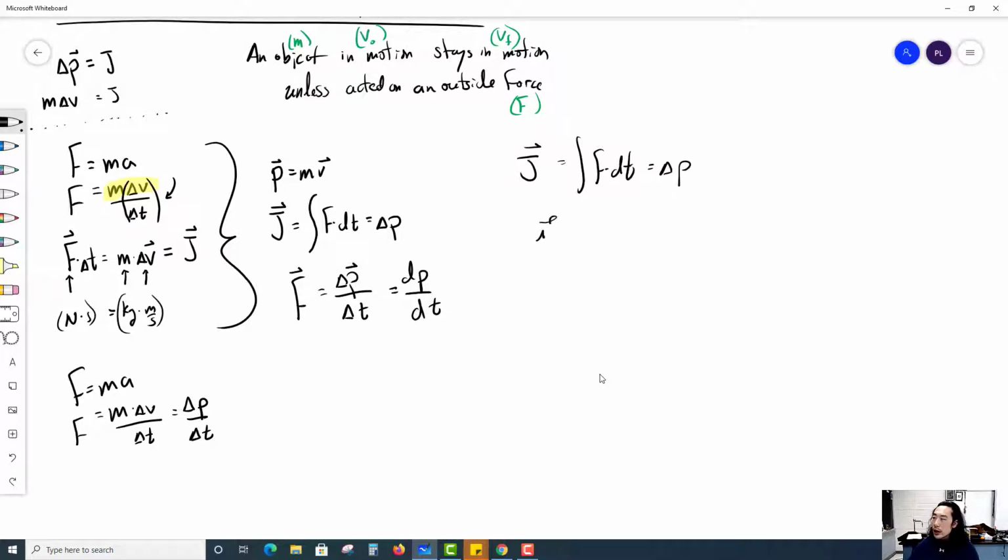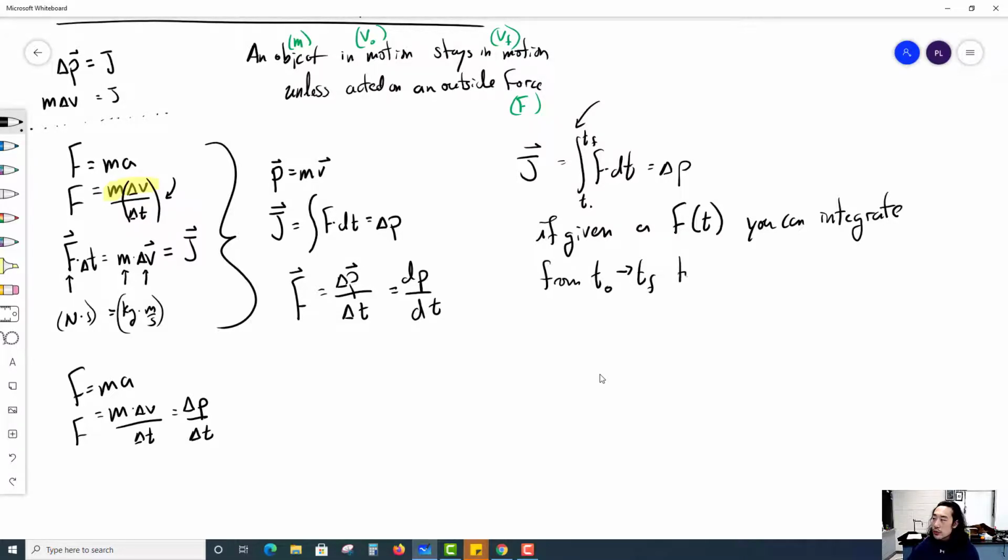If given a force function with respect to time, I'm going to say it again, if given a force function with respect to time, you can integrate, and that's where that integral symbol comes from, from time initial to time final. So those are your constraints, time initial here and time final up there, to find impulse.